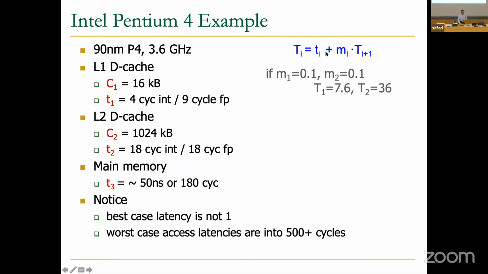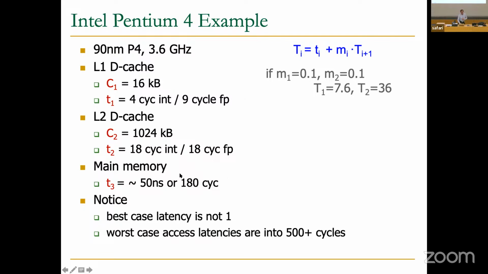So essentially, for every access, you get 4 cycles, right? You start with 4 cycles. 10% of them miss in the first level. They go to the second level, right? For 10% of them, you actually get 18 cycles. That gives you 1.8 extra. But 10% of them also miss in the next level.